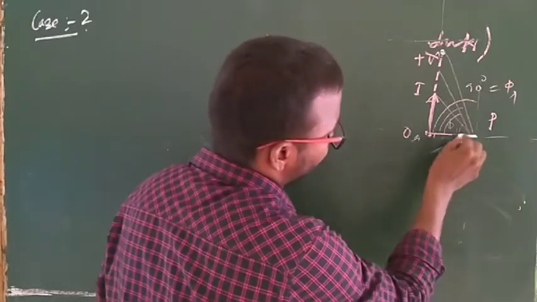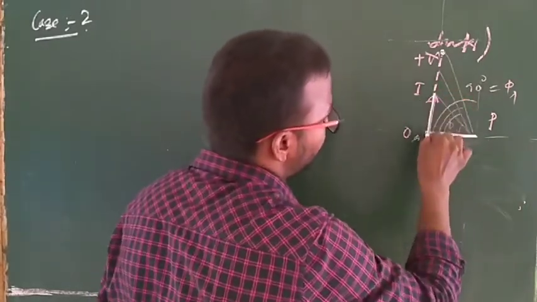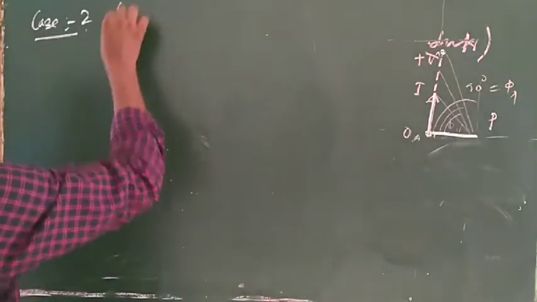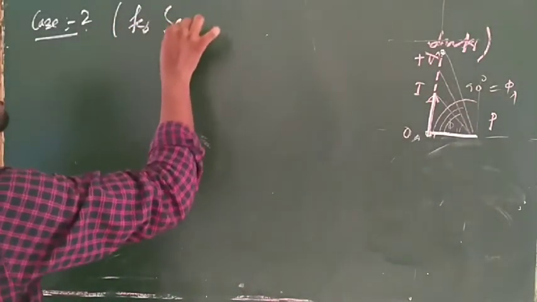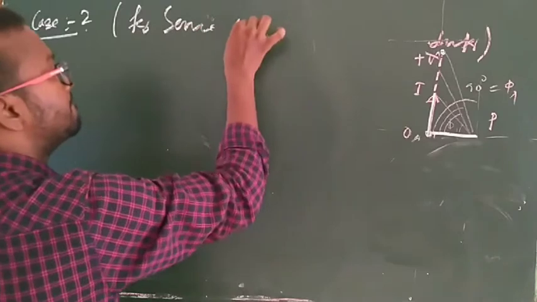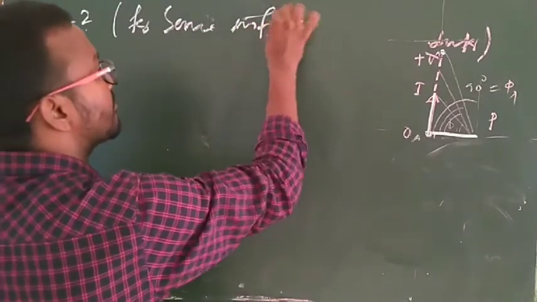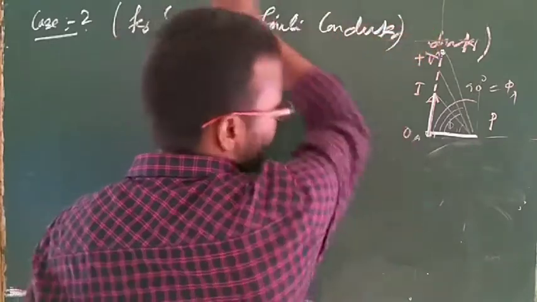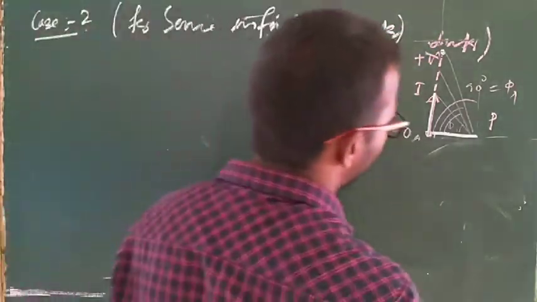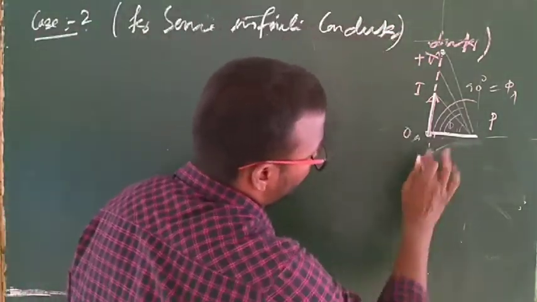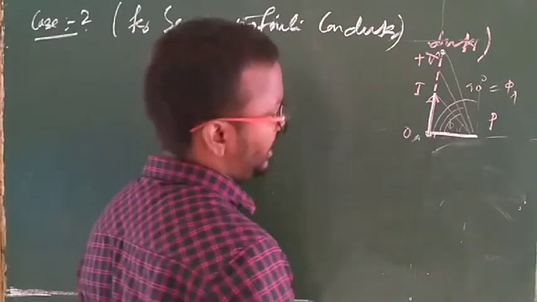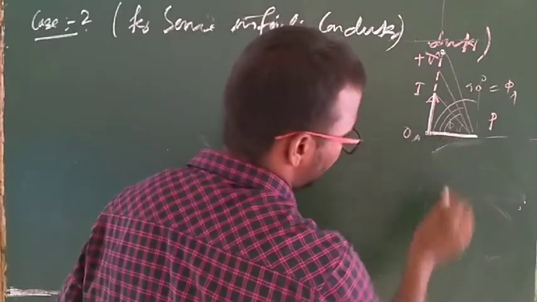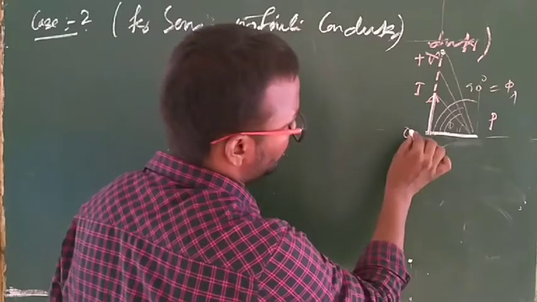Clear? Then this is semi-infinite. Case 2 is for a semi-infinite conductor. In a semi-infinite conductor the total part is ignored, and there is no other part, meaning the infinite point coincides with point Q.